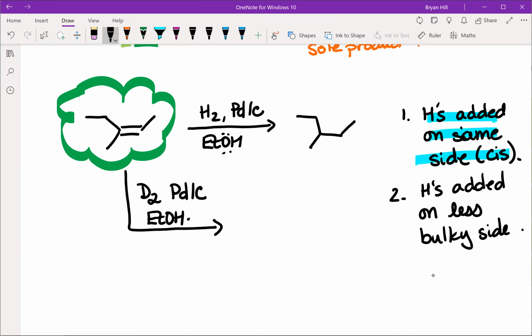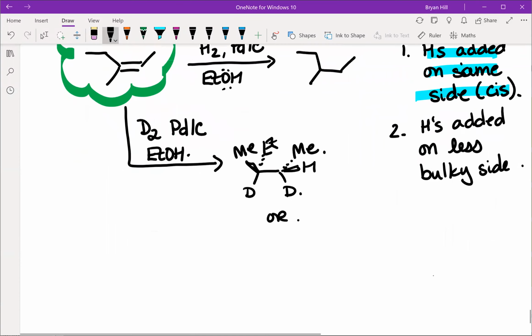And that way, I would have to draw those 2 deuterium atoms on the same side. So I would draw something like, depends how we do the zigzag here, let's draw it like this. Or I could draw it like this.